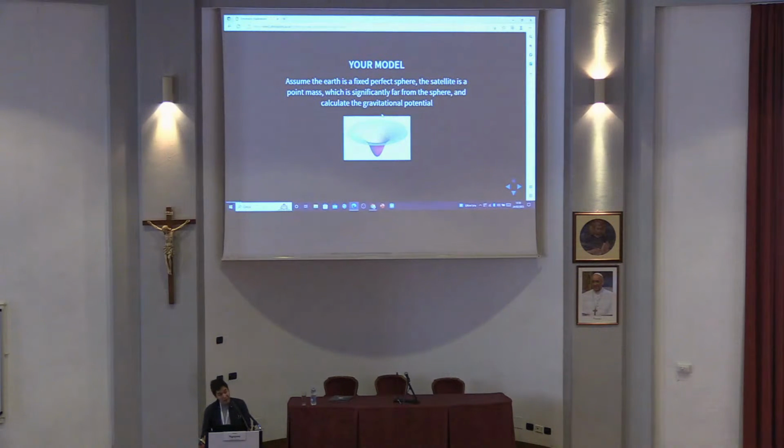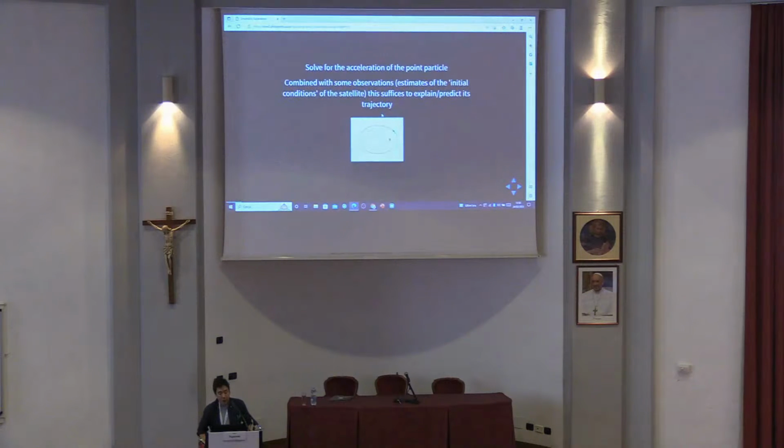Gravitational potential would look something like this, and then from the potential you can solve for the acceleration of the point particle, combine that with some observations, the initial conditions of the satellite, and this would suffice to explain or predict the satellite's trajectory.